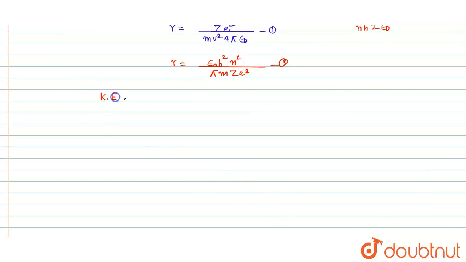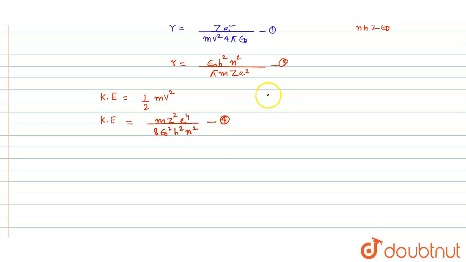Kinetic energy of the electron is nothing but half mV square, and if you put the value of V square here, you are going to get the kinetic energy of the electron, which will be positive, and the value will be simply m, mass of electron, into Z square e to the power 4 whole divided by 8 epsilon naught square h square n square. So this will be the kinetic energy. Let this be equation number 4.